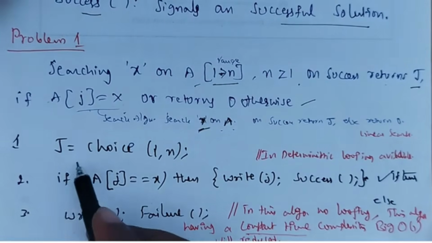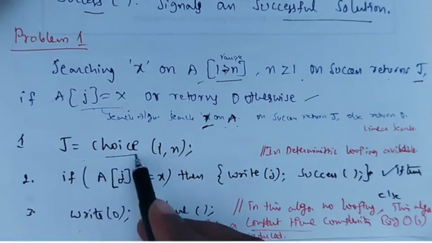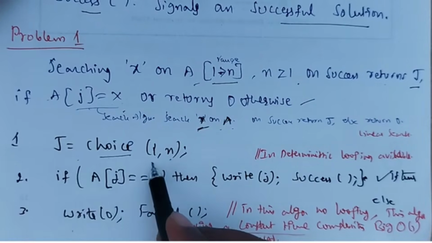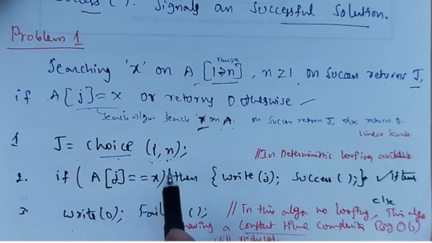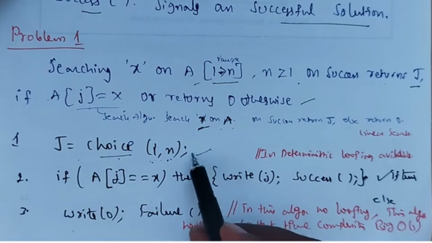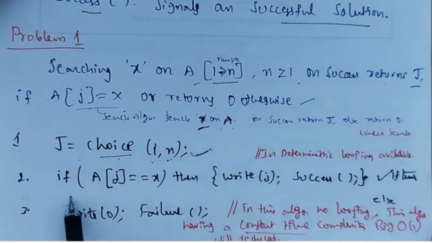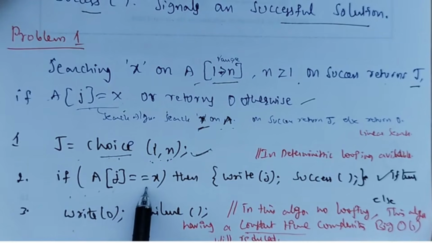First step: j equals choice of 1 to n. It means no looping is needed in a non-deterministic algorithm. Then if A of j double equals x, we are comparing here.